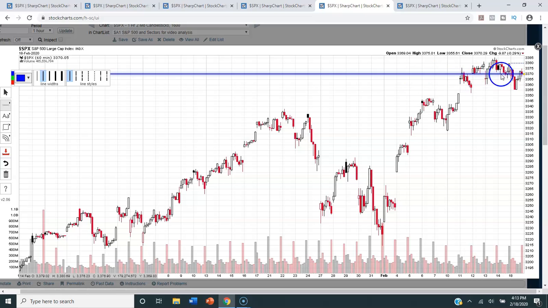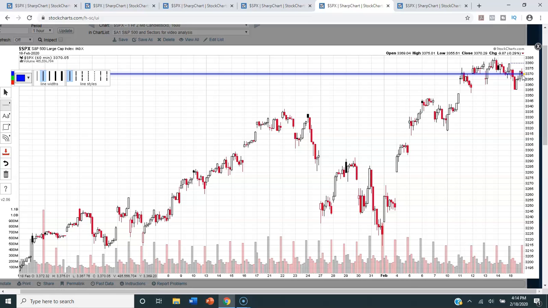You can really tell here for the last week or 2 weeks, this 3370 area represented overhead resistance for a few trading hours, if you will. Each one of these candles represents an hour, but once we got above it, this 3370 area has acted as an area of support for the markets. So again, you can really see how important that 3370 area has been.